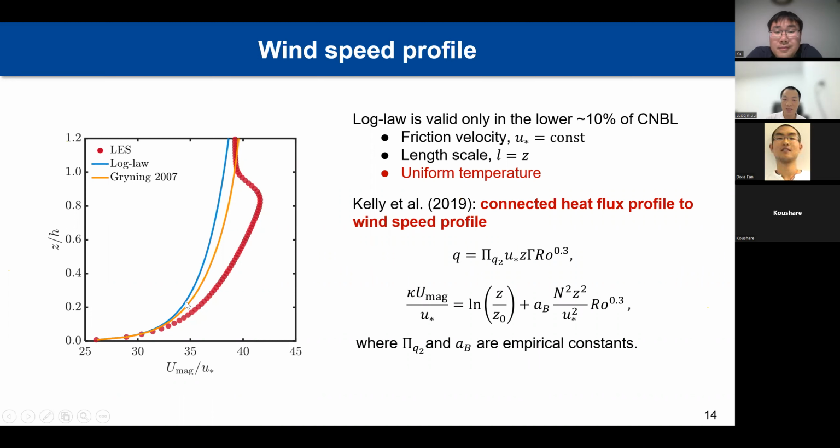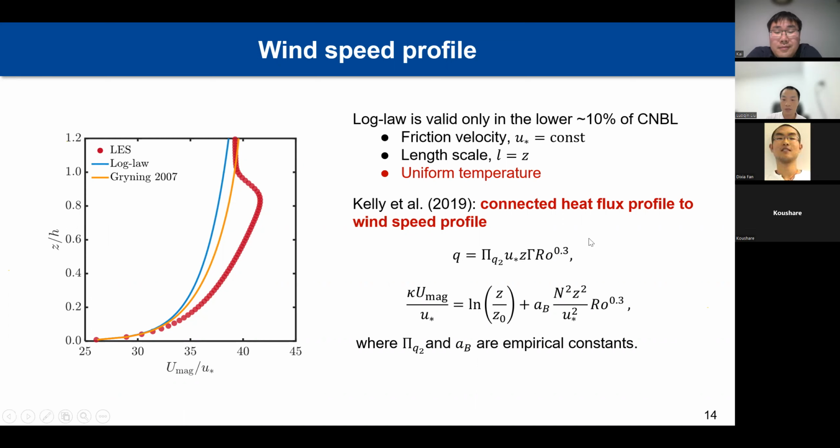For example, Kelly in 2019 tried to connect the heat flux profile to the wind speed profile, and they obtained two results.